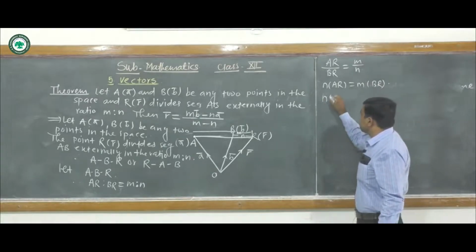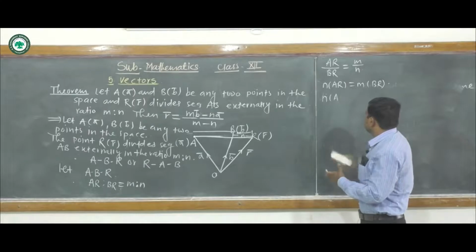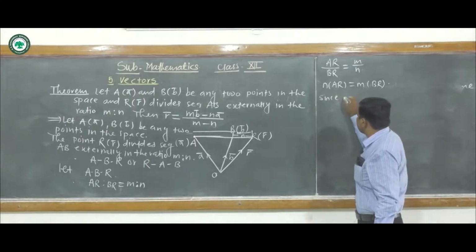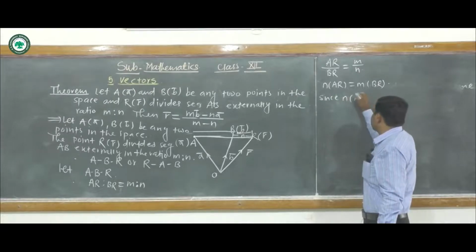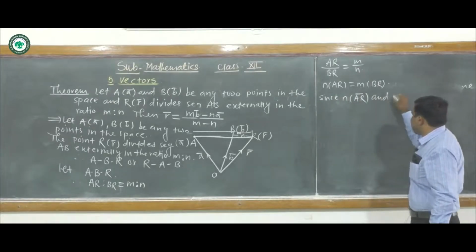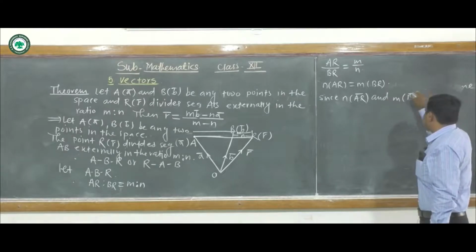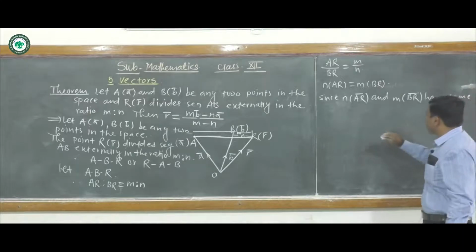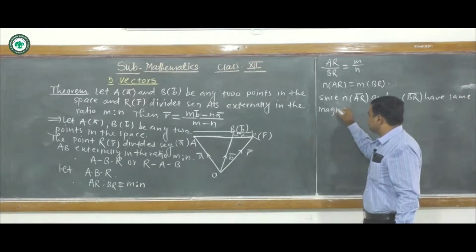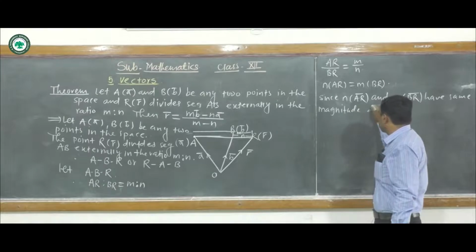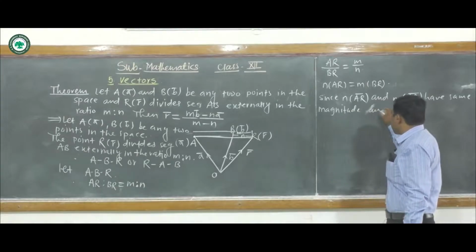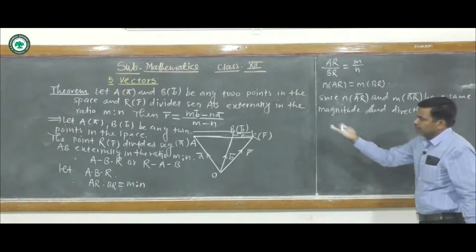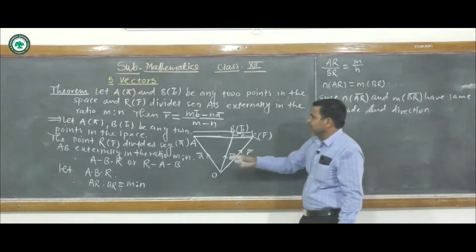That means n into AR, or we have to mention the reason here, since n into AR bar and m into BR bar have same magnitude and direction. How from figure the direction is same.